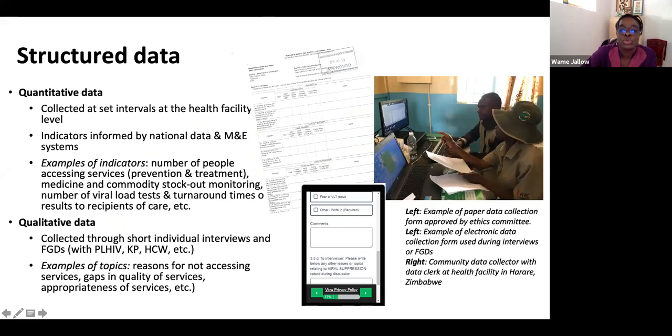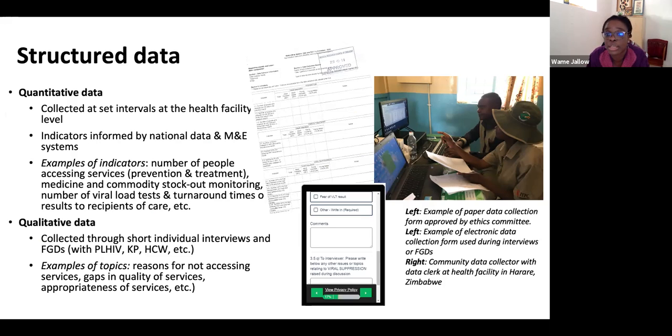We have two types of data collection processes. We have what we call structured data, and structured data has two categories. There's the quantitative data set that we use, and this is paper-based, or it can also be electronic. The diagrams on the right-hand side are examples of how we can approach data collection.